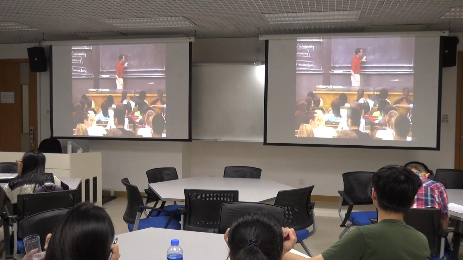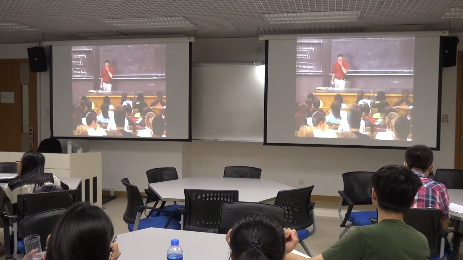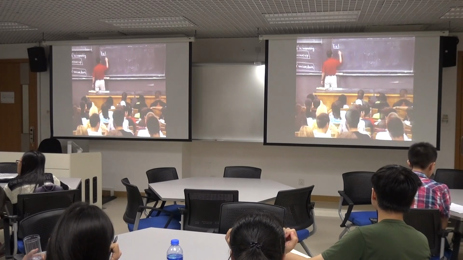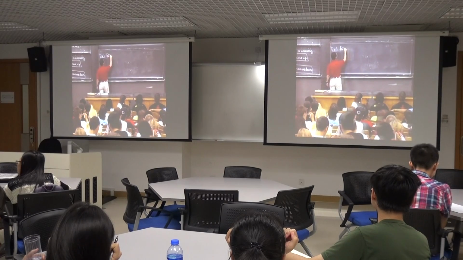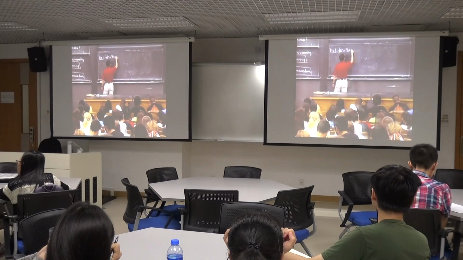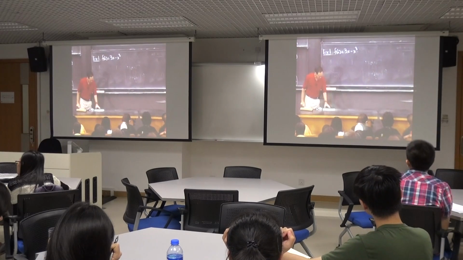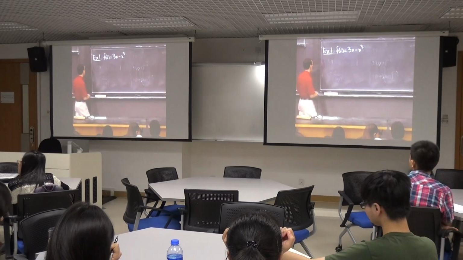So let's begin with a straightforward example. So the first example that I'll give you is the function f of x is equal to 3x minus x cubed. Just as I said, to be able to introduce all the notations.